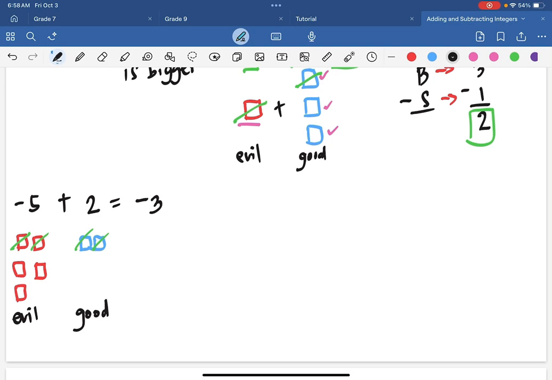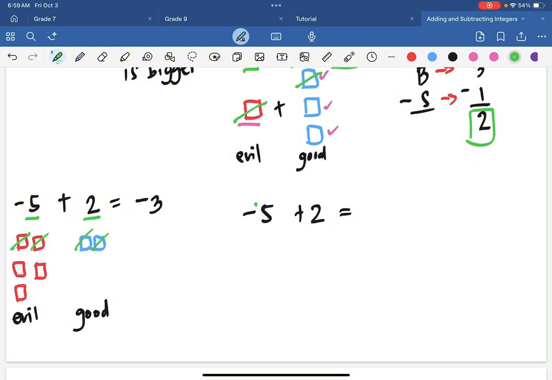Now, again, using a different way of solving this without the need of illustration. Let's go back to the one that I had earlier. Between 5 and 2, regardless of the sign, which is bigger? Obviously the bigger one is 5. Now, as you can see with negative 5 plus 2, what is the sign for 5?